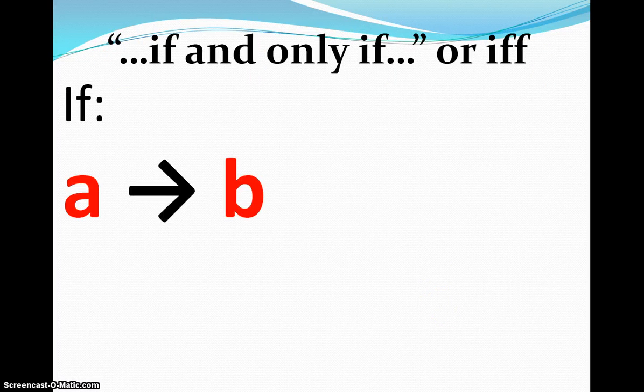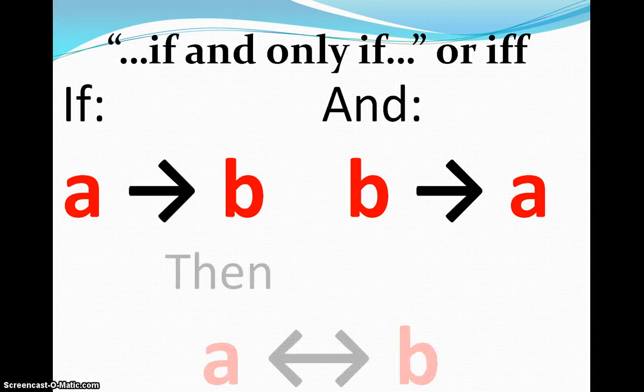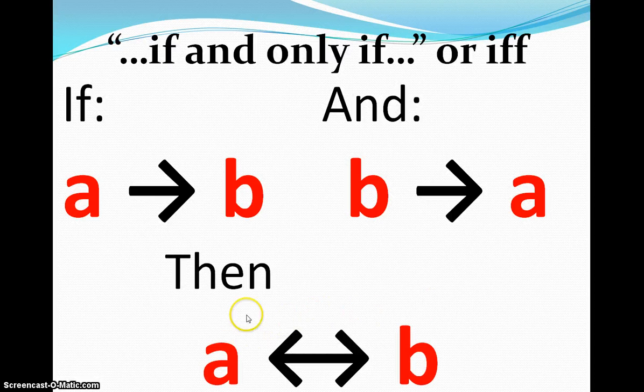So if A, then B, and if B, then A, we create a whole new symbol. This double-sided arrow means if and only if. So A, if and only if B.